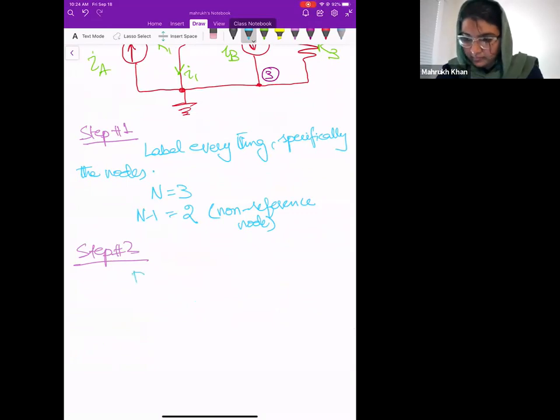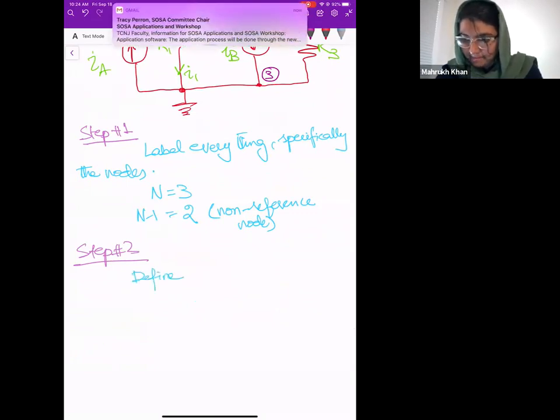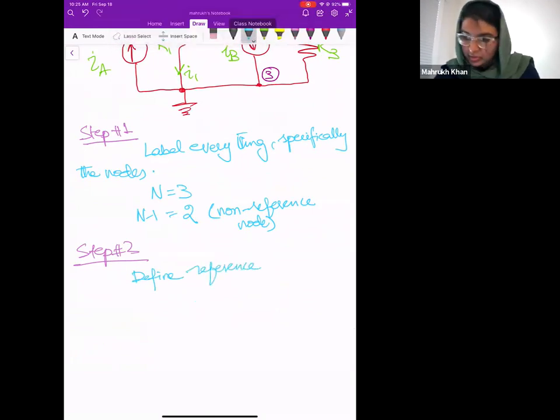Okay, so define the reference node for voltages, which we already know is number 3.